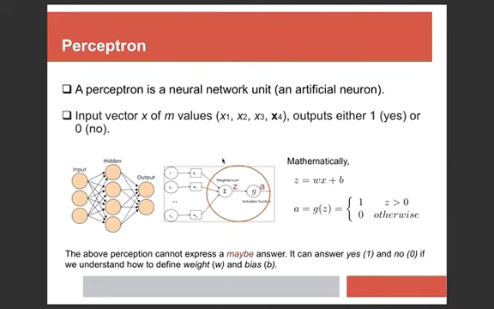Also, here is the internal view of each yellow dot. As we can see, the first part is the weighted sum. Each neuron is connected to all its inputs, and we have a weight here for each input, indicating the relevance of each input to these units.